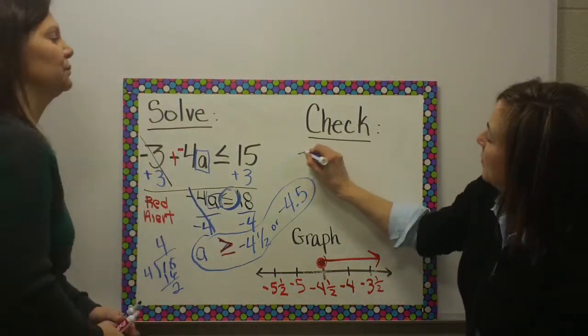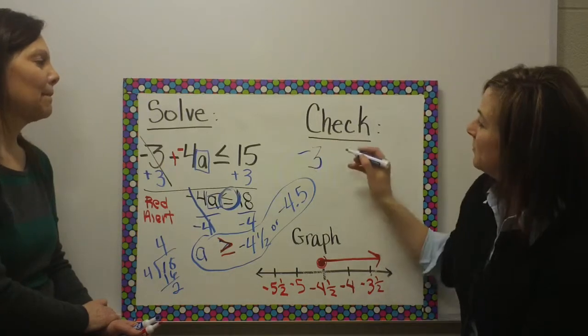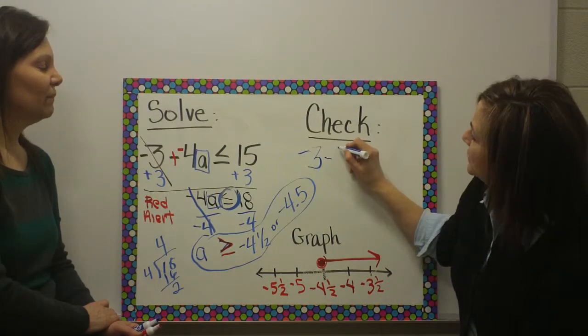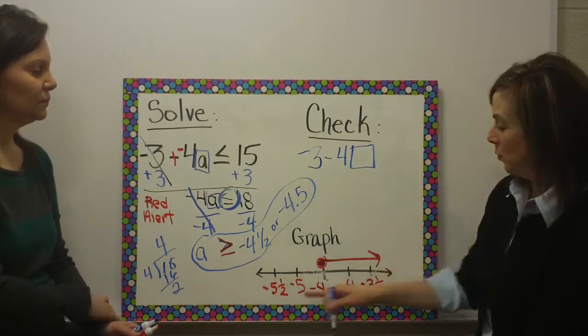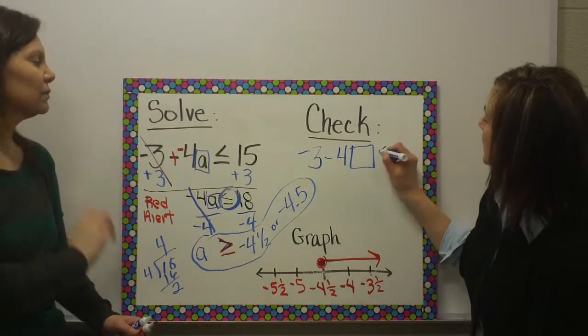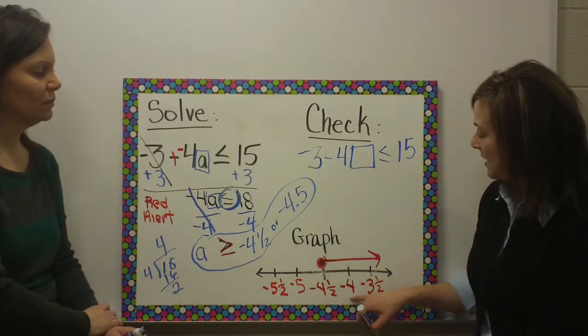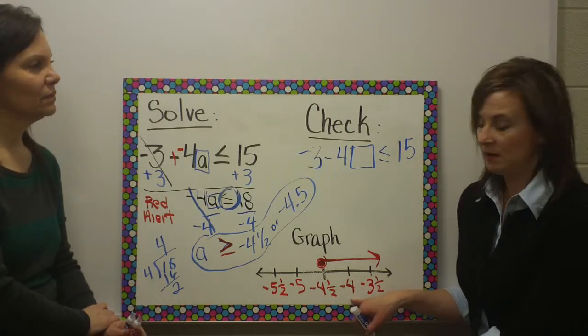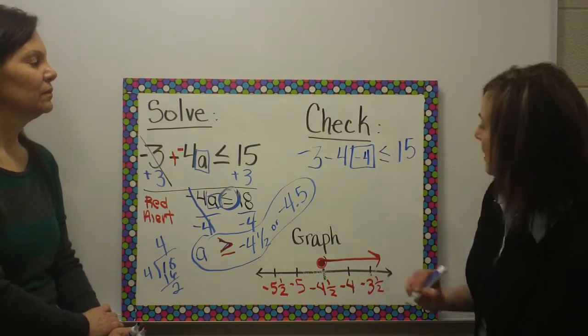With my check, remember you want to go back to your original problem. Some of you may have already written this in. So I have -3 minus 4 times whatever value I'm going to select is less than or equal to 15. I really feel like working with a whole number is going to be easier, so I'm going to pop in there a -4.